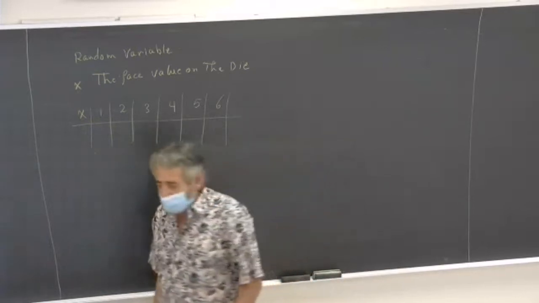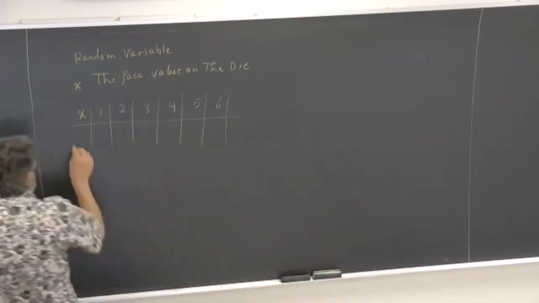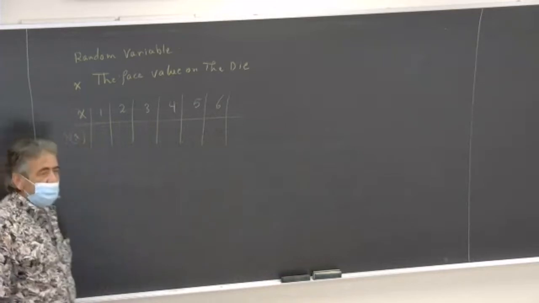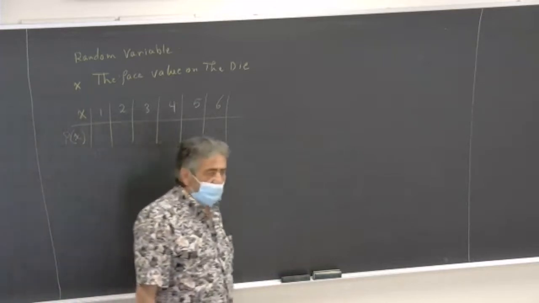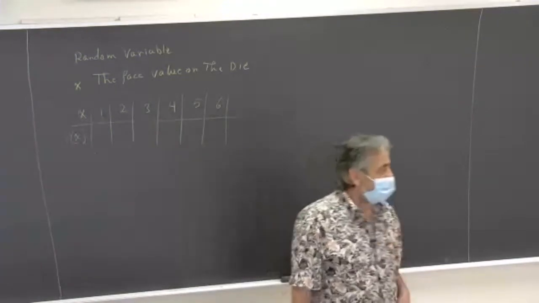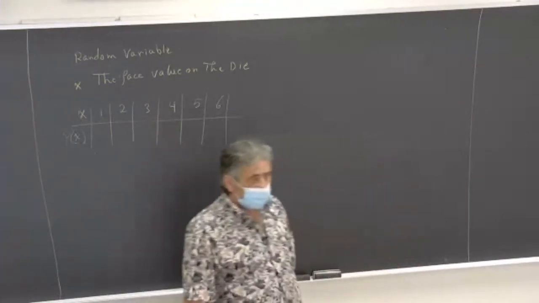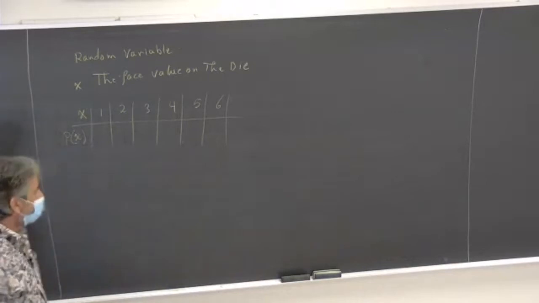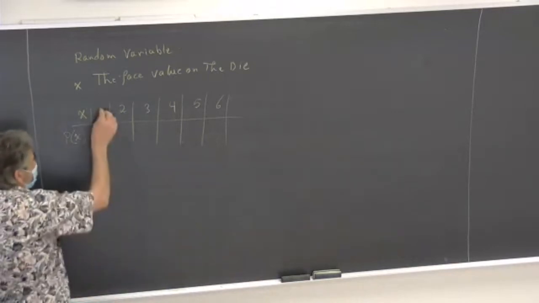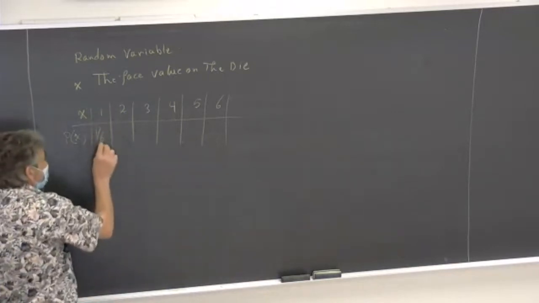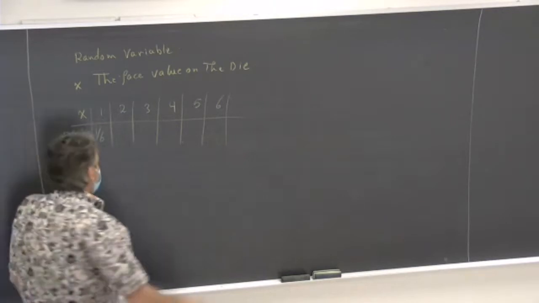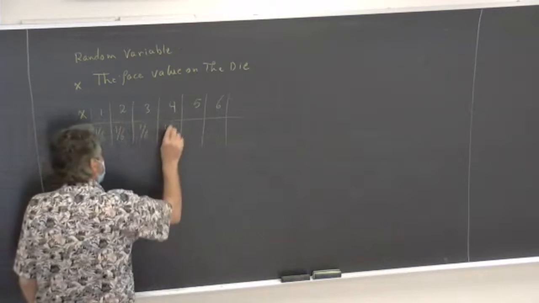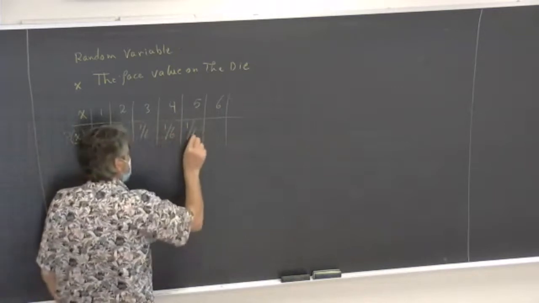Yes? Now, the probability of x means we're looking at the probability of each value that shows up. What's the probability of that value showing up? So in this case, for instance, to show 1, it is 1 over 6. Yes? Or in this instance, all the values are simply 1 over 6.